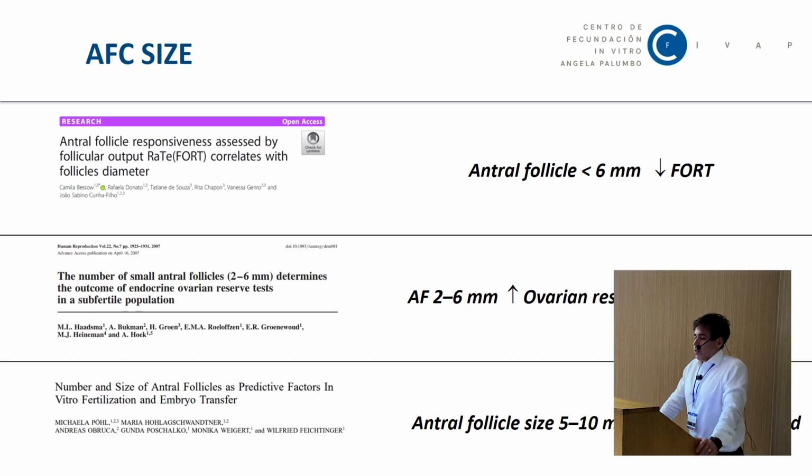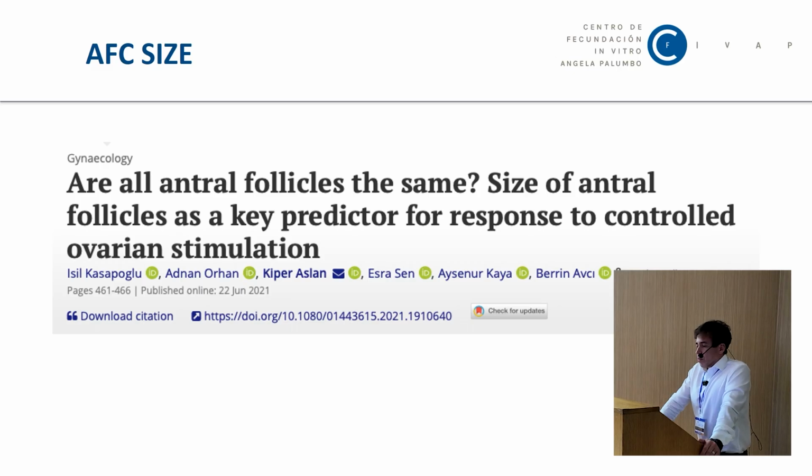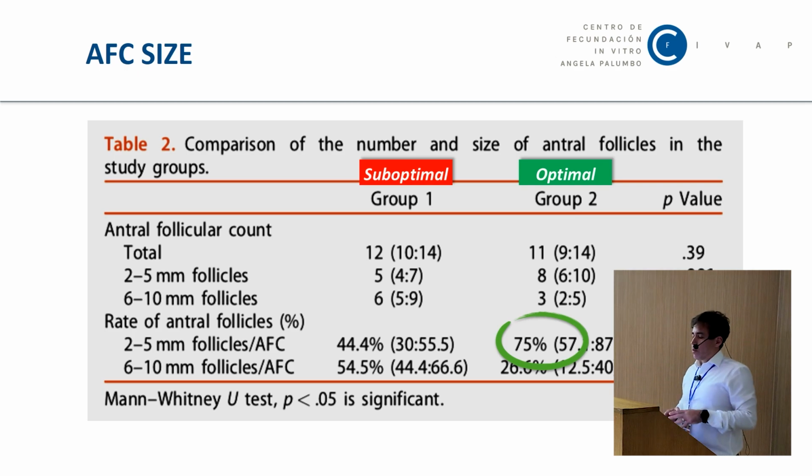So trying to respond to this question, Casapoglu group published this paper in 2021, and what they did, they measured antral follicles with 2D in the basal ultrasound, and then they compared the optimal response group with the suboptimal response group.